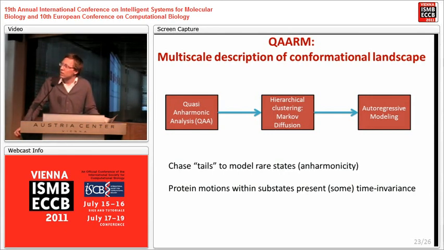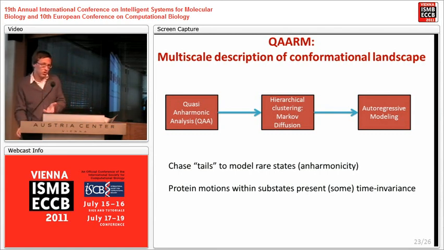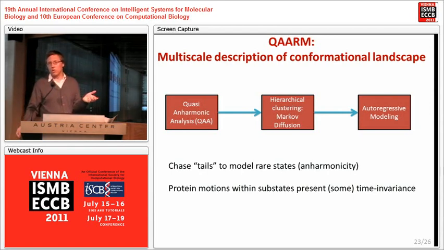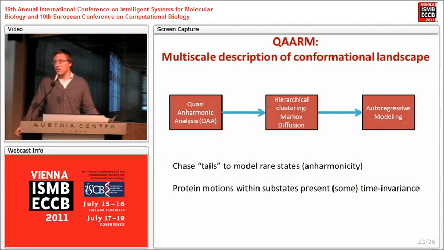And also that if one partitions the conformation space of a protein trajectory, particularly for a protein that's well folded, there is some time invariance within those substates that can be modeled very efficiently. As a result, you can generate synthetic trajectories in minutes, corresponding to the same amount of sampling time that requires several months on a large machine.